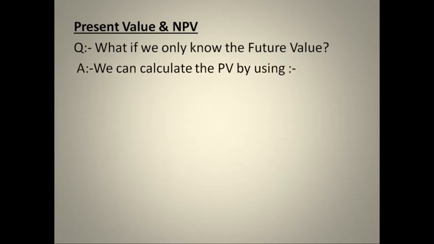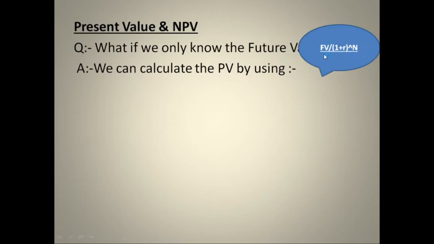The formula for finding the present value is PV = FV / (1 + R)^N, where FV is the future value, R is the rate of interest, and N is the number of years or time to maturity. We also have another formula for calculating this, but for the sake of simplicity, we will be using this formula throughout our video.